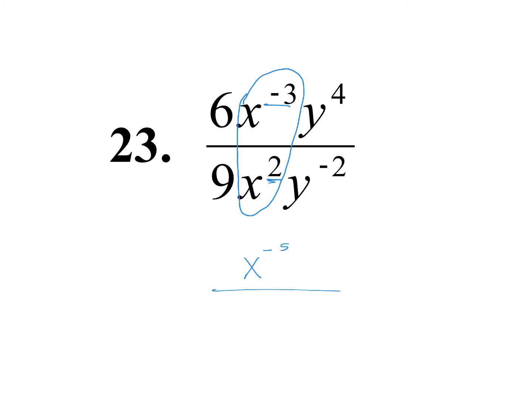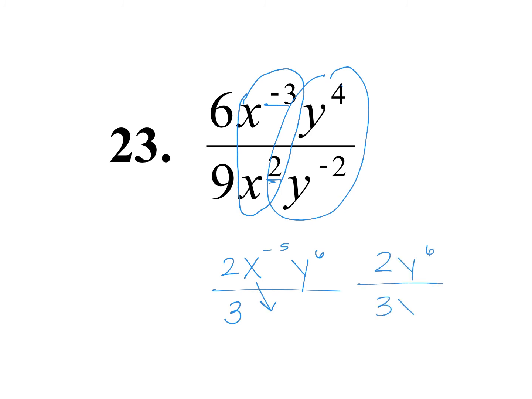Okay, 6 over 9 we can reduce. So divide both those by 3, we get 2 over 3. And then this one, again, subtract. 4 minus a -2 is actually 4 plus 2, so that's y to the +6th. So we're just going to move that x down. So it'll be 2y to the 6th and 3x to the 5th in the denominator.